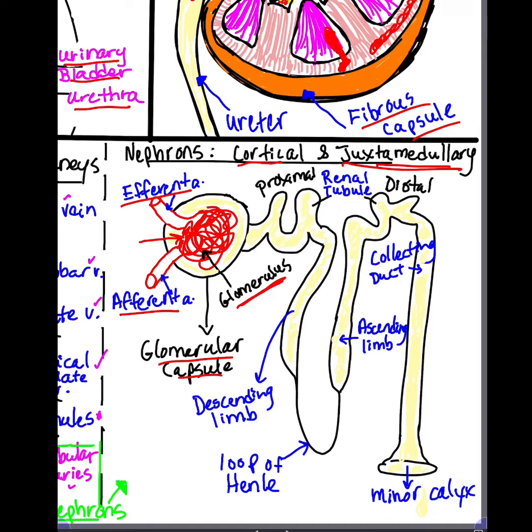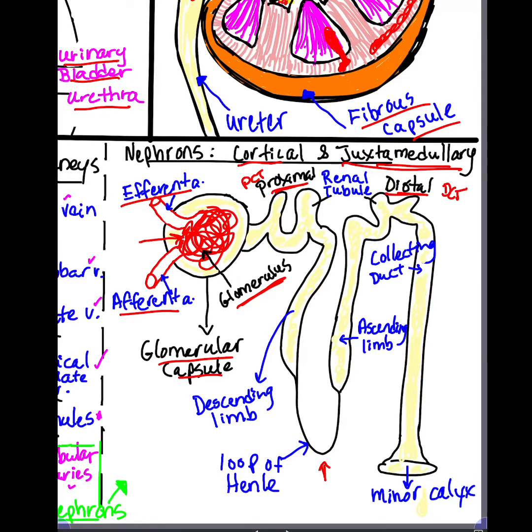The nephron and the collecting system also consist of renal tubules. Particularly, we have a proximal convoluted tubule, a nephron loop, and a distal convoluted tubule, for short PCT and DCT.